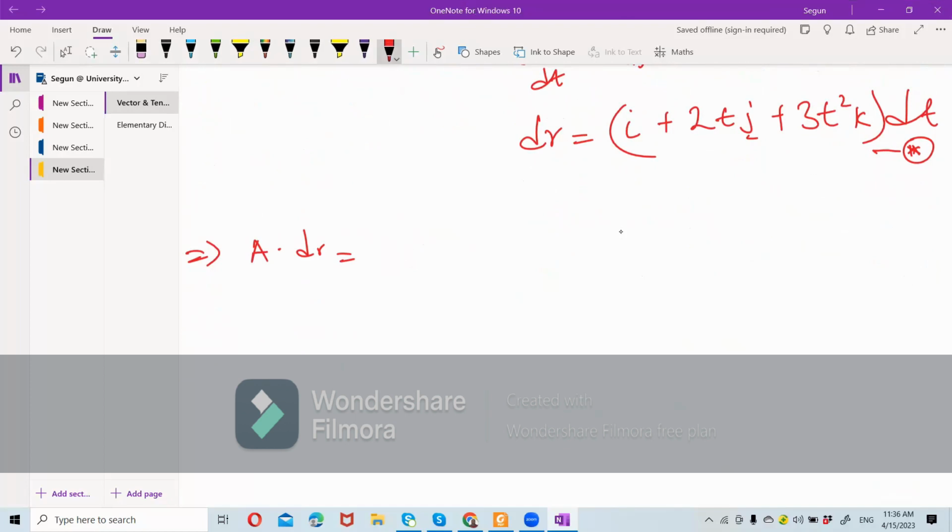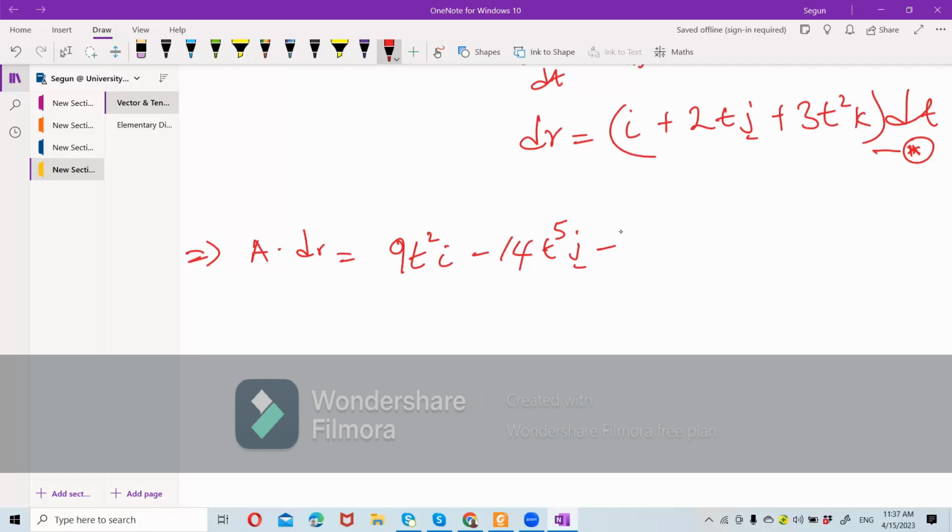A is 9t squared i minus 14t raised to the power of 5 j plus 20t raised to the power of 7 k.